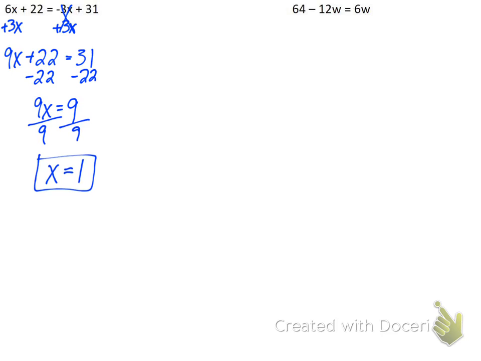Bottom right-hand corner, again, kind of similar to the one right above it. I can add the 12w to the other side. When I do that, I get 64 is equal to 18w, and then I can divide both sides by 18.